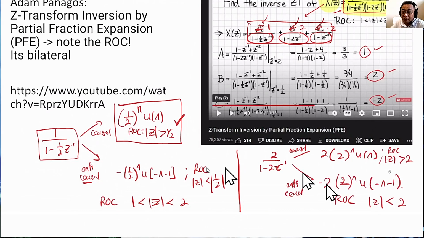So I work it out on the right hand side: 2 over 1 minus 2z^-1 can be this causal sequence or this anti-causal sequence. For a causal sequence, it will be 2 to the power of n u[n] with ROC |z| greater than 2. The anti-causal sequence is minus 2 to the power of n u[-n-1] with ROC less than 2. The requirement again is that the ROC is less than 2. So we must choose this one.